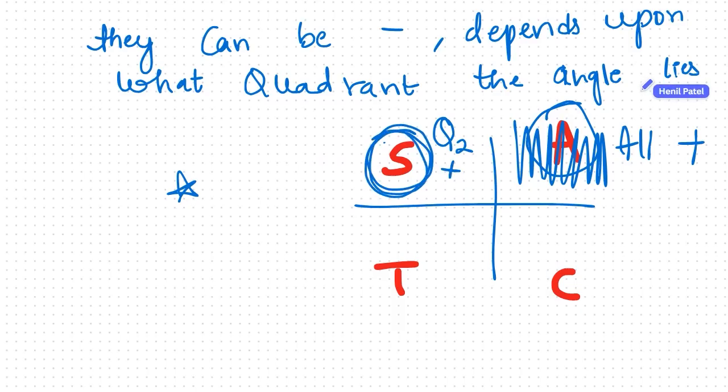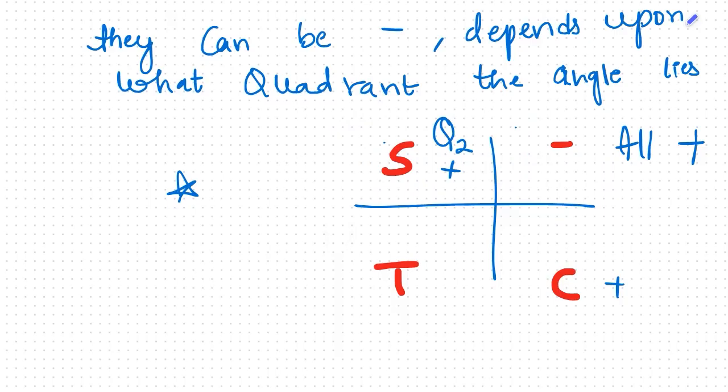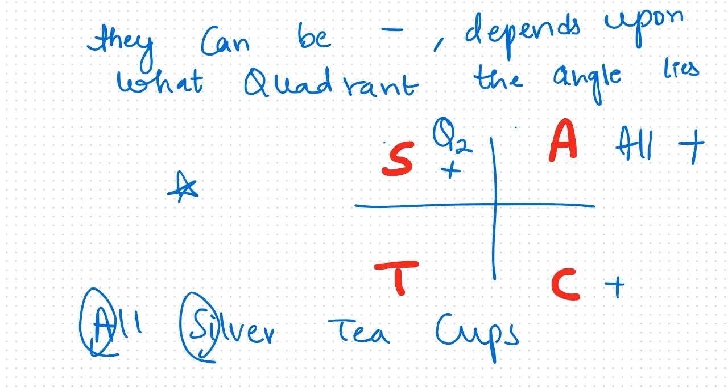S means sine. If the angle lies in Q4, which ratio will be positive? Cos. That is the concept, ASTC. We usually remember it as All Silver Teacups.